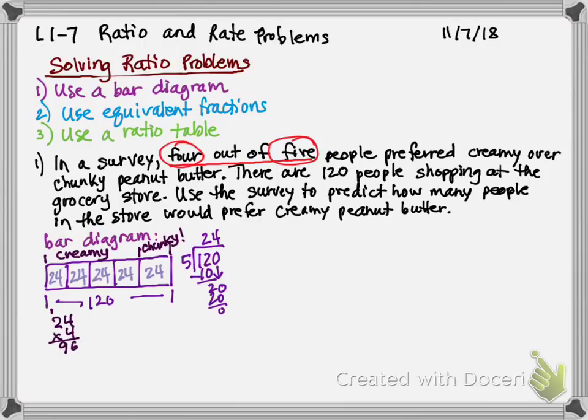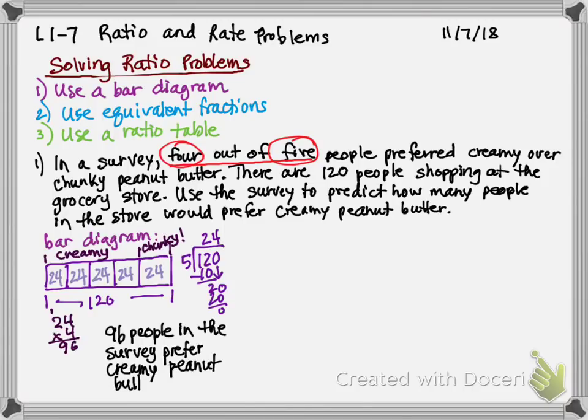So what we could conclude is that 96 people in the survey prefer creamy peanut butter. That's a lot of people, right?